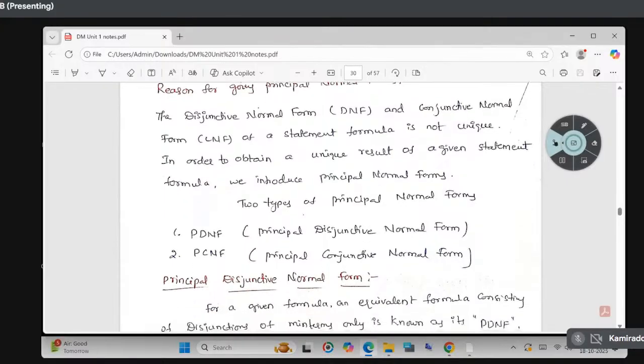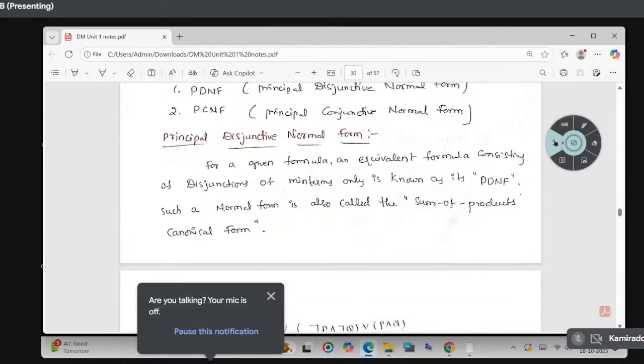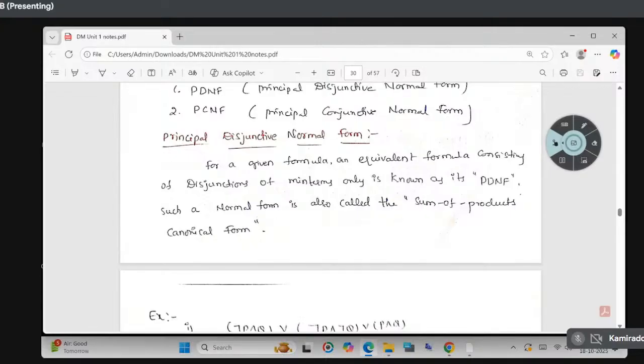They are two in number, that is PCNF and PDNF, principal disjunctive normal form and principal conjunctive normal form. For a given formula, an equivalent formula consisting of a disjunction of min terms only is known as PDNF. Min terms, disjunction.